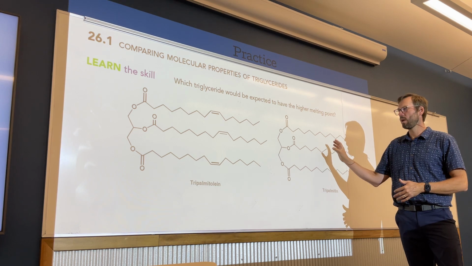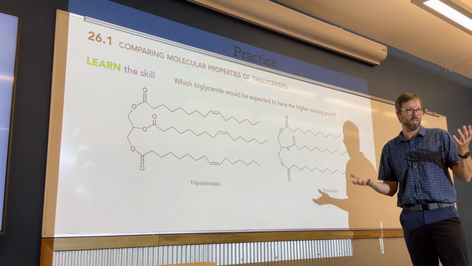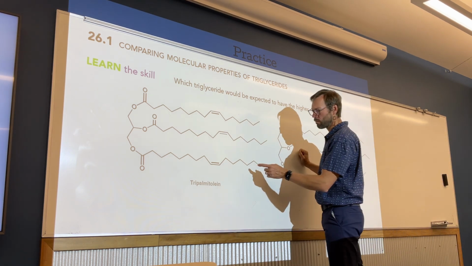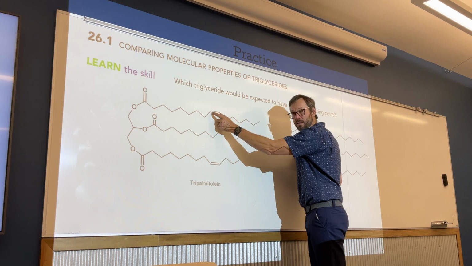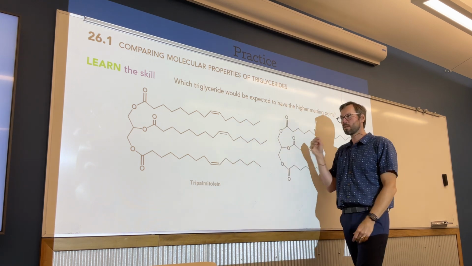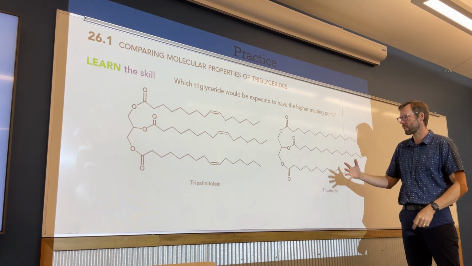If these were all saturated, they would have about the same melting point. But because this one has unsaturation, these pi bonds, this is going to have a lower melting point. They're asking for the higher one, so it's going to be this one.